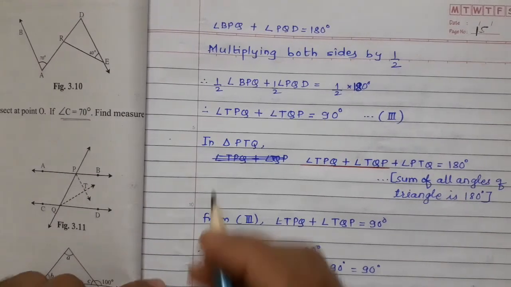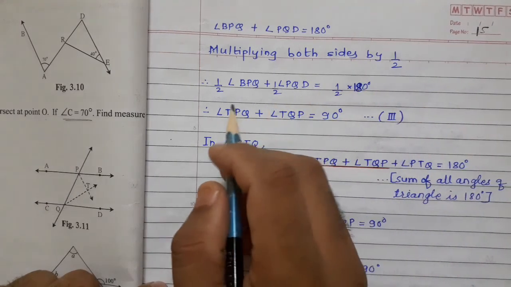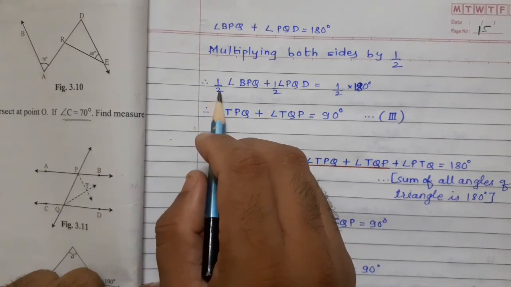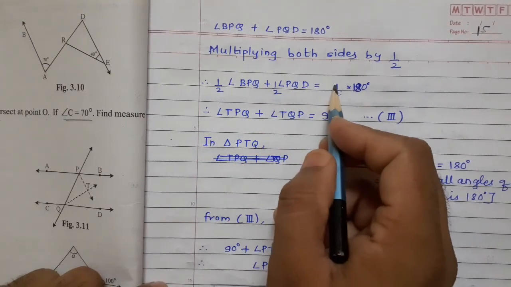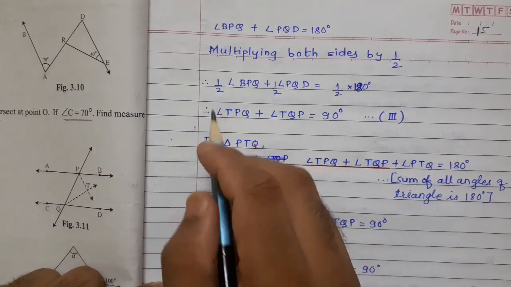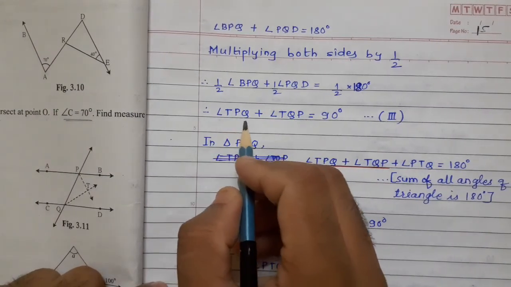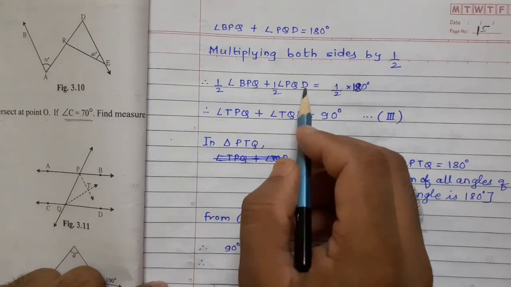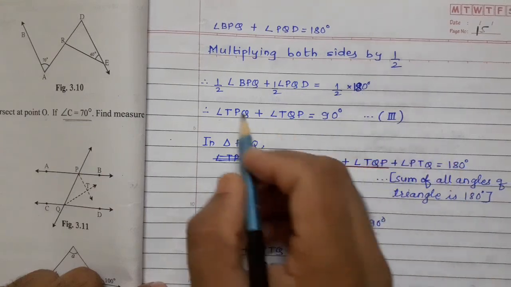Now multiply both sides by 1/2. Then we have 1/2 of angle BPQ plus 1/2 of angle PQD is equal to 1/2 of 180 degrees. Then 1/2 of angle BPQ is equal to angle TPQ, 1/2 of angle PQD is equal to angle TQP, and 1/2 of 180 degrees is 90 degrees.